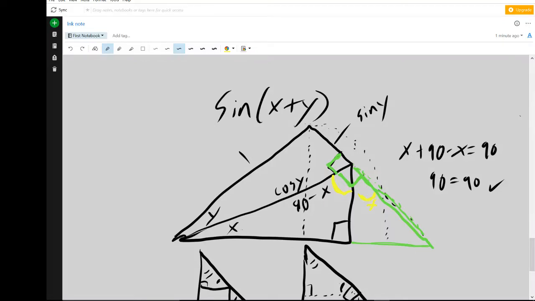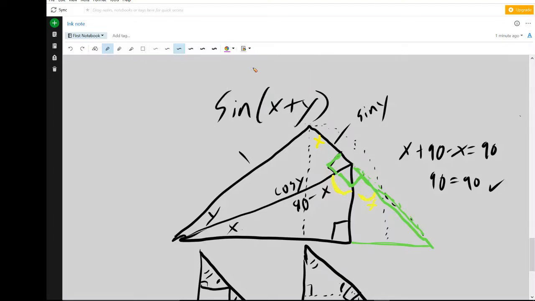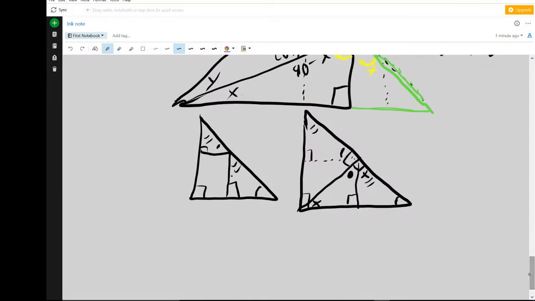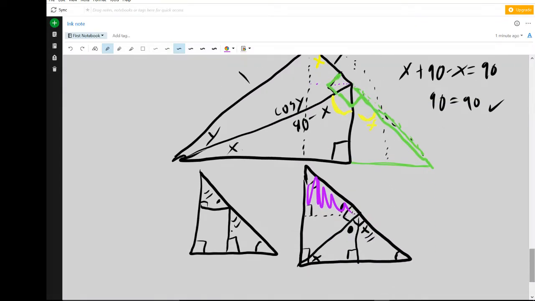What we just did enables us to call this angle x as well. Now we have the ability to put that in reference of sine and cosine, which is valuable to us. So we're going to extend that line over. We need to make those two triangles. We need this one right here, which is why I put that purple line right there, and we've already created this one in green, which would be right here.